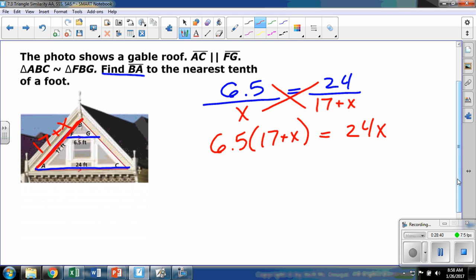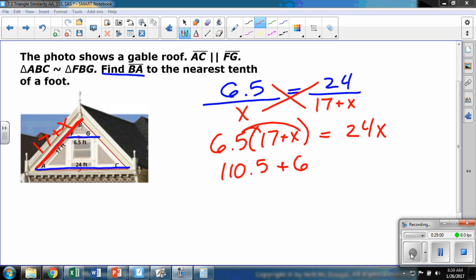In order to solve this equation, one way to do it is to distribute across the parentheses. 6.5 times 17 would equal 110.5. 6.5 times X would equal 6.5X equals 24X.